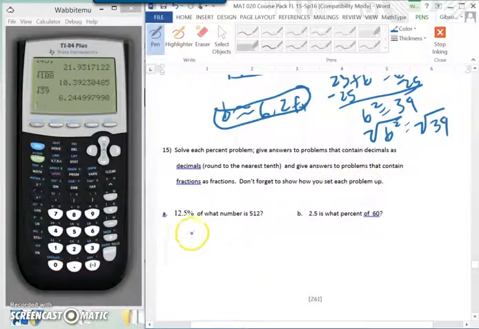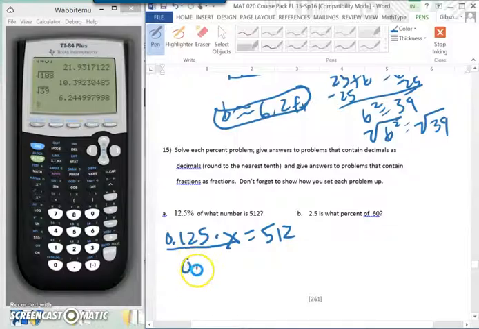Okay, we had 12.5% of what number is 512. We change this percent to a decimal. So we know we have to move it 2 places to the left, so it'd be 0.125. Of means multiplication. What number is x? Is equal, and 512 is 512.